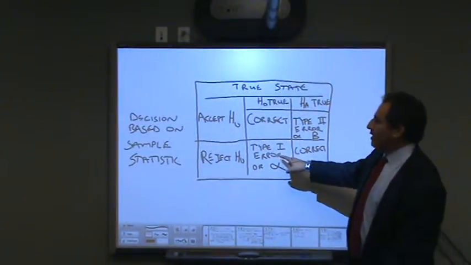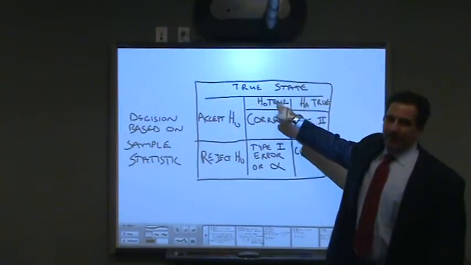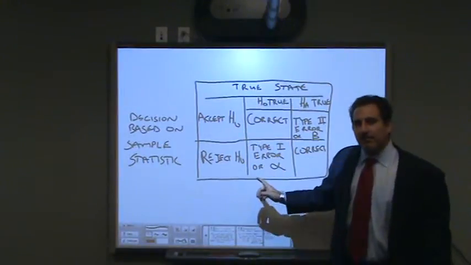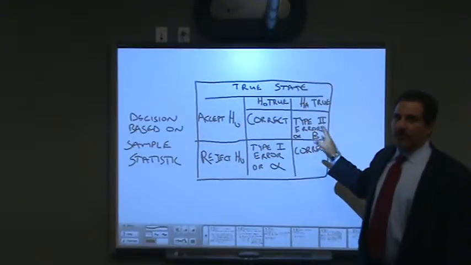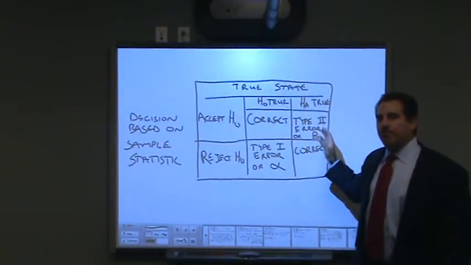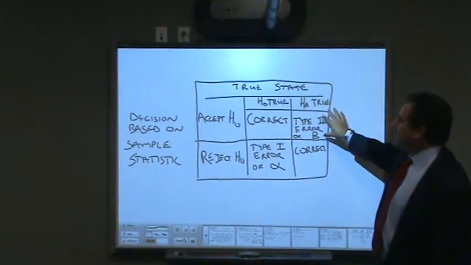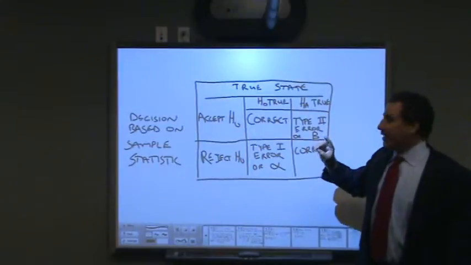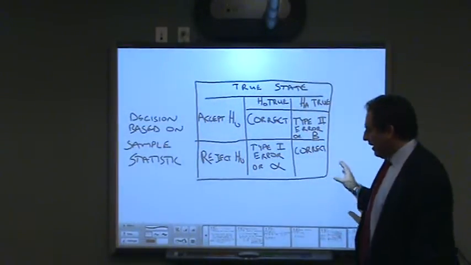A type 1 error is when you say that the groups are different, but in fact, they are not different, okay? So you're rejecting the null hypothesis incorrectly. Then there's a type 2 error, also referred to as beta, and this is when you say that there is no difference between the groups, but actually there is a difference between the groups, and that's another kind of error.